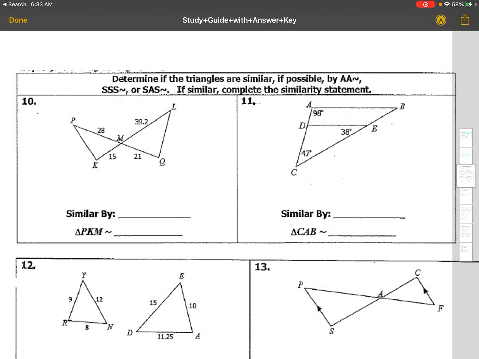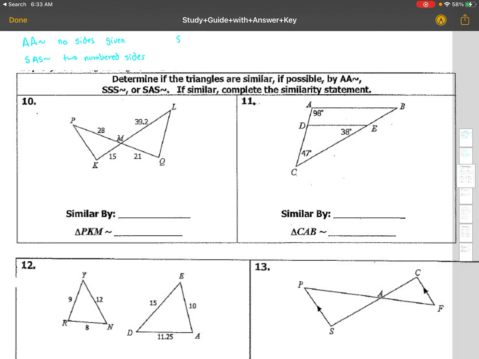So for the next set of problems, we are determining if the triangles are similar, and if so, we have to justify using angle, side angle, or side side side. So remember, for angle similarity, there are going to be no sides given. For side angle side similarity, there are going to be 2 numbered sides in one triangle.